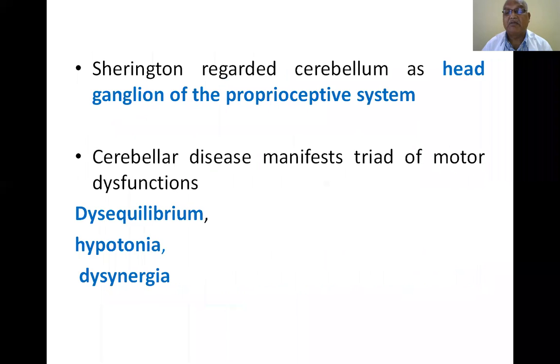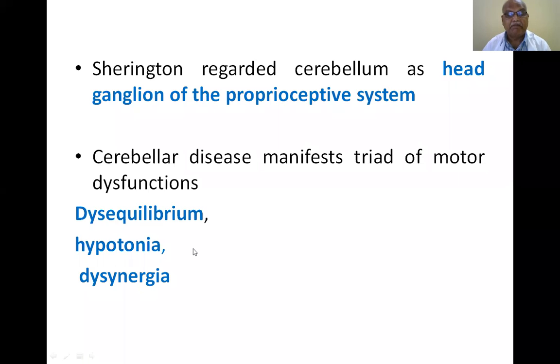Sherrington regarded the cerebellum as the head ganglion of the proprioceptive system. Cerebellar disease manifests a triad of motor dysfunctions: disequilibrium, hypotonia, and dysergia. Disequilibrium means you are not able to maintain balance.